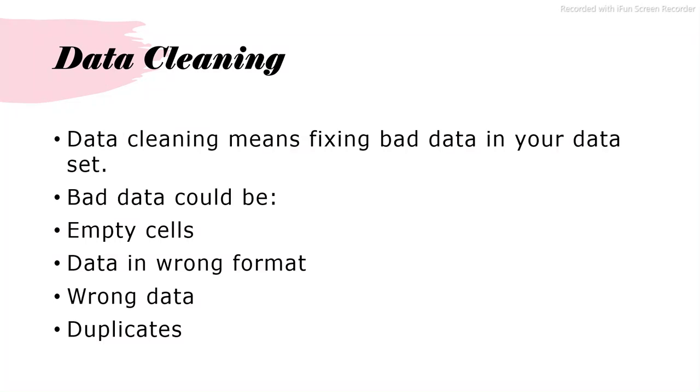So what is cleaning? Data cleaning involves removing, first, empty cells; second, wrong format data, the data which is in the wrong format; the third one is wrong data. There is a difference between wrong data and wrong format data. And then the fourth one is duplicates.